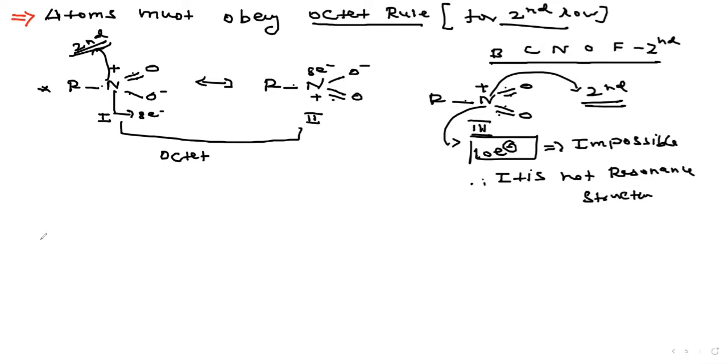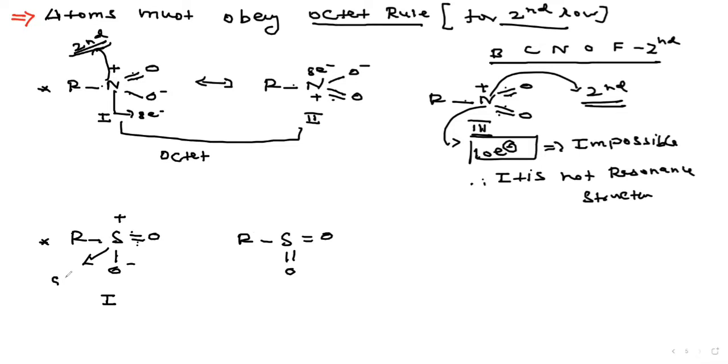In the same way, I take another example. I take R, S, double bond O minus, with a positive charge. This is the first one. Second molecule, R and S and double bond O and double bond O. Now, 2, 4, 6, 8.